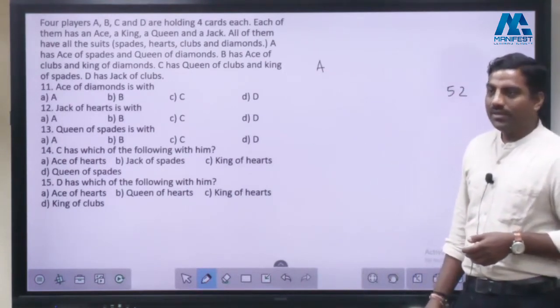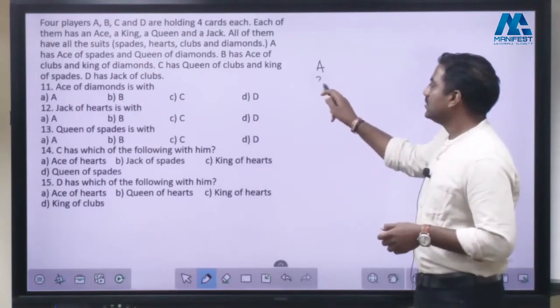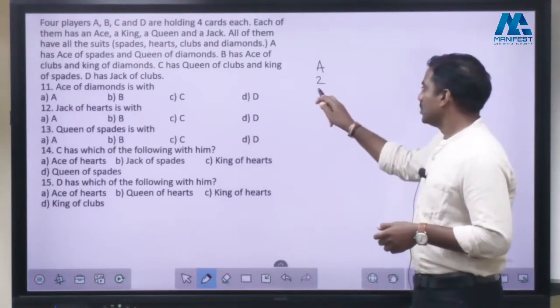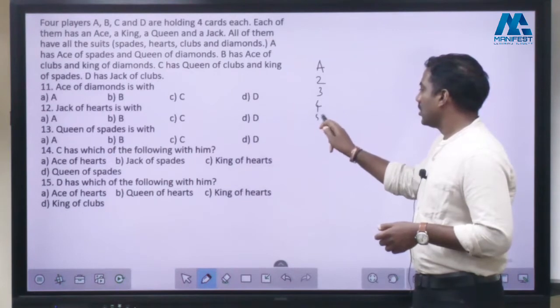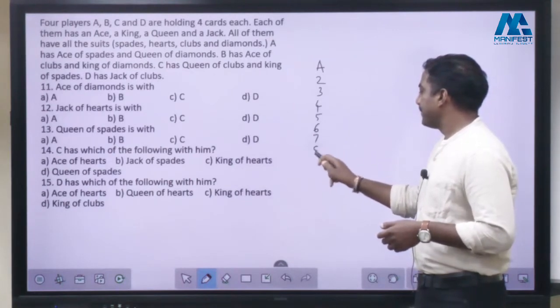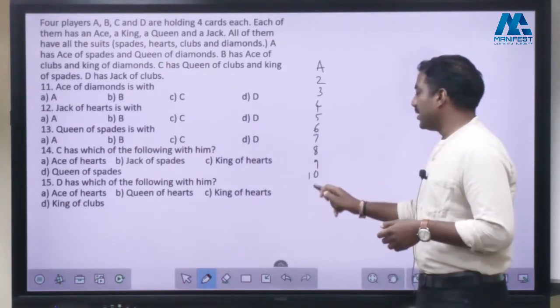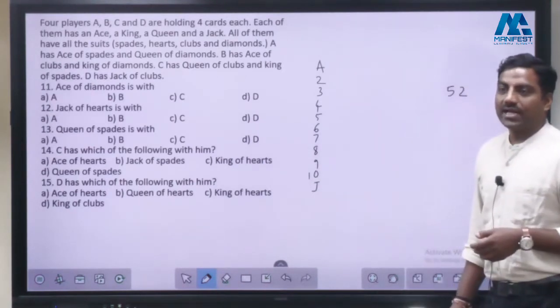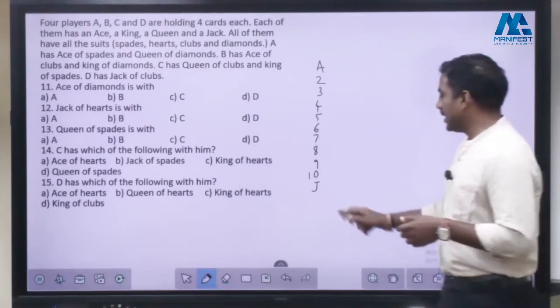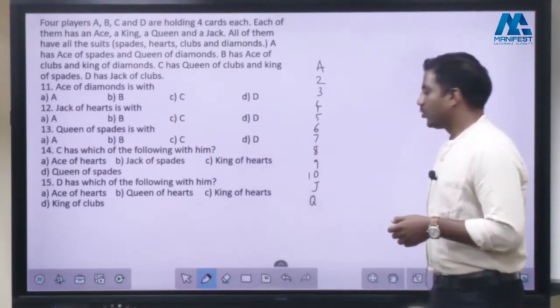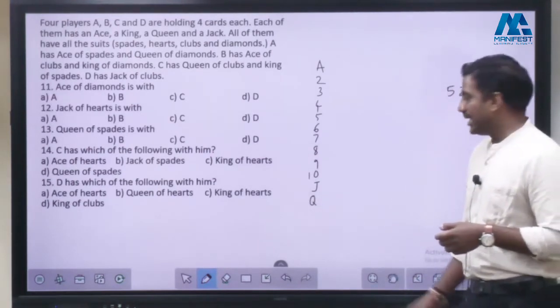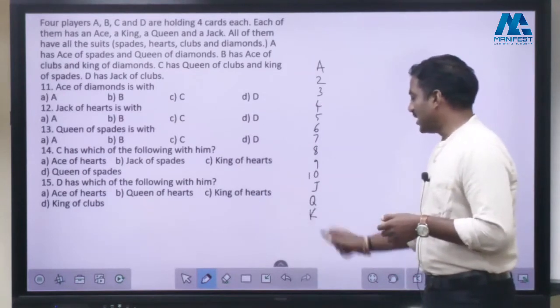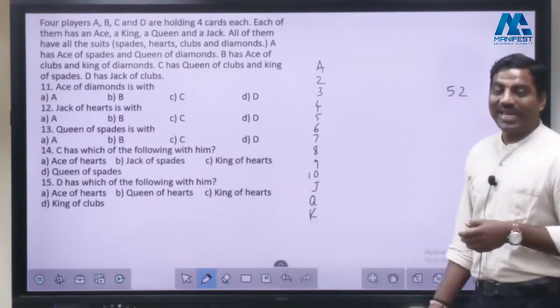Next number is 2. After 10, it's called jack. Then next is queen. Next is king, K.